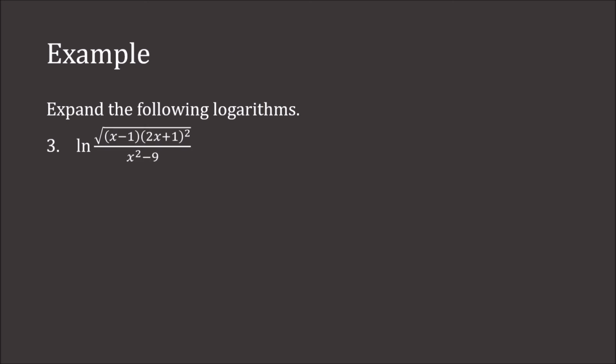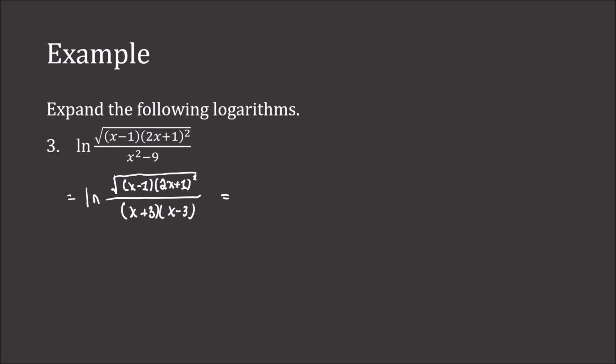All right, so now we look at this one. So let's first rewrite this as a square root of x minus 1 times 2x plus 1 squared, and then over, factor that as x plus 3 times x minus 3.